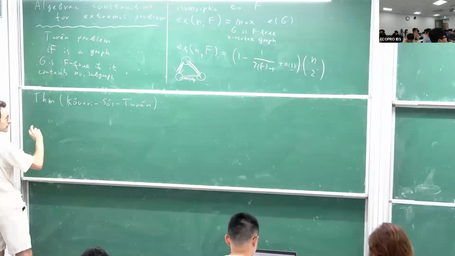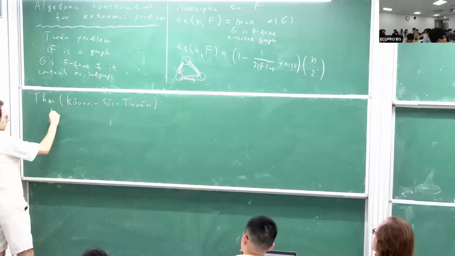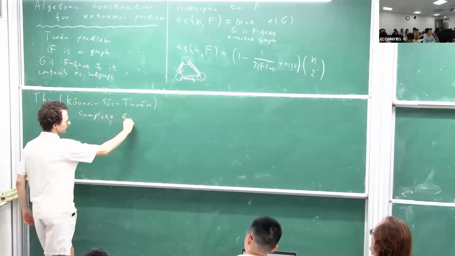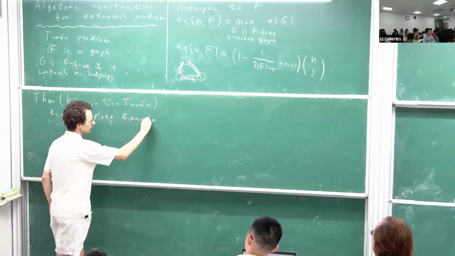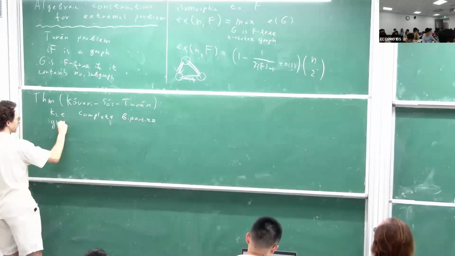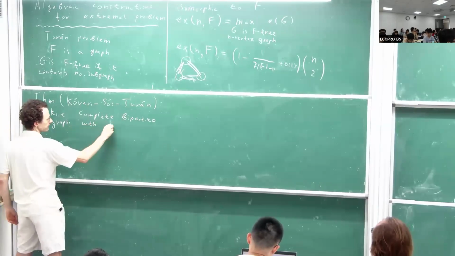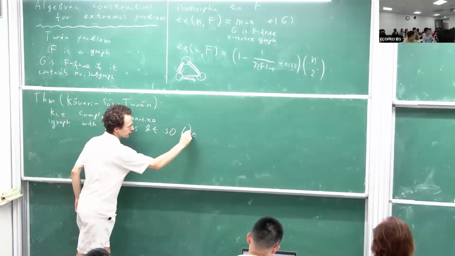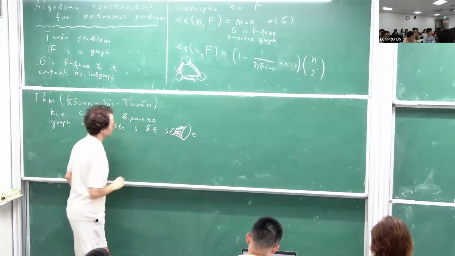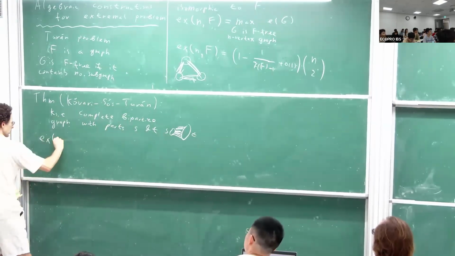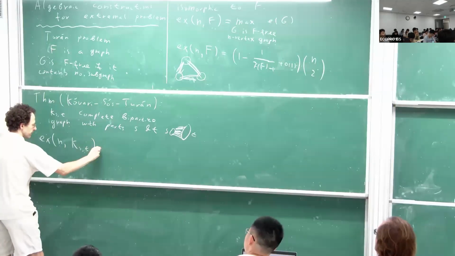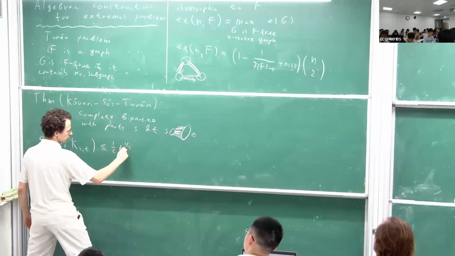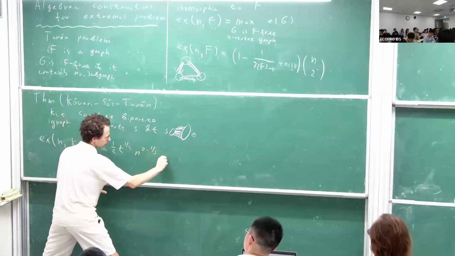The way I will state it is as follows. I will write K_{s,t} for the complete bipartite graph with parts S and T. So this is S, this is T. And the result is that once I forbid that, the bound is about t to the 1 over s, n to the power 2 minus 1 over s, plus something like a linear term.